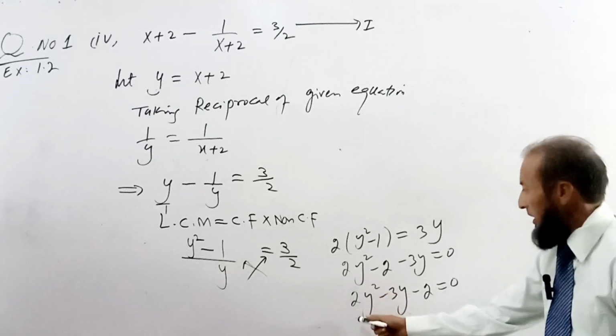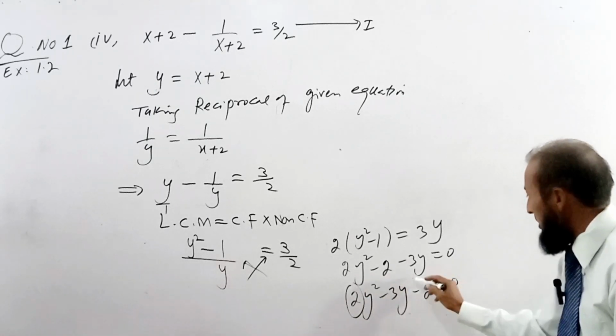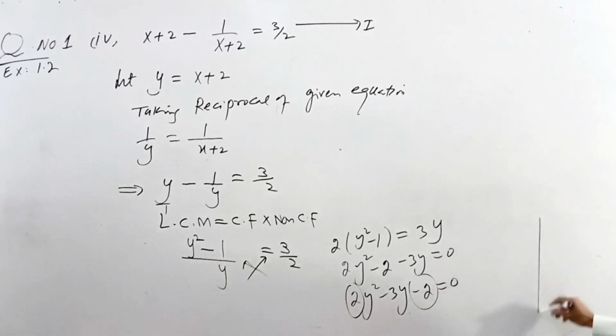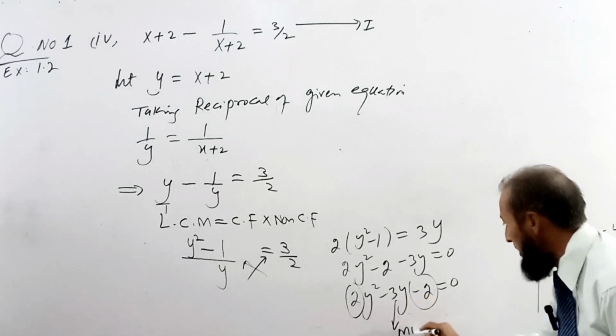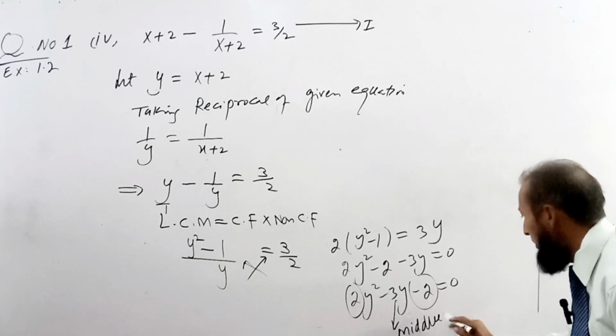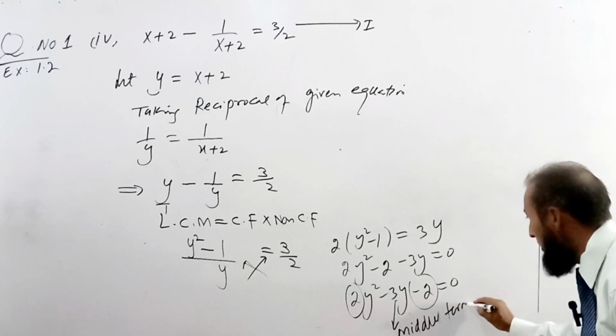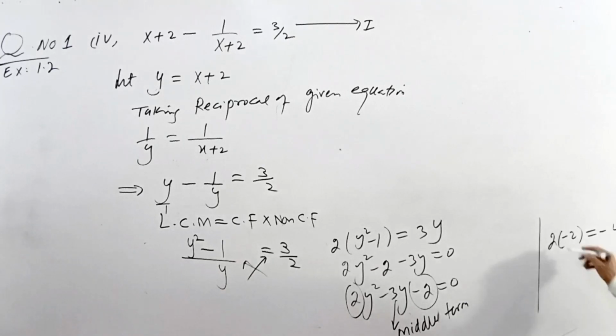In the factorization, first term and the last term if we multiply, it means that 2 multiplied by -2 we get -4, and the middle term is required, -3. Now what we will do, if we write here -4 plus 1, so we get -3. So this is the factorization of the middle term. Now we check -4 is required.